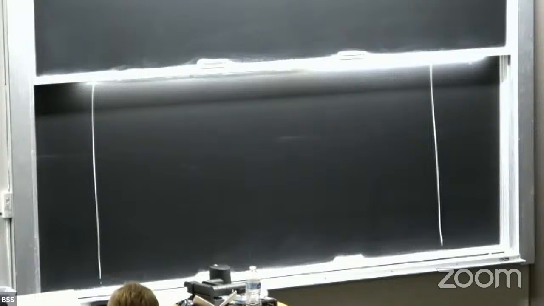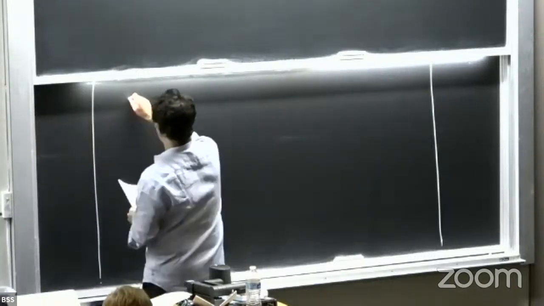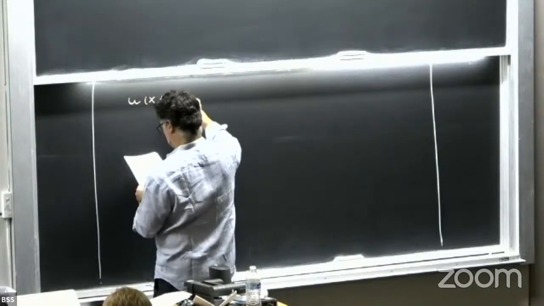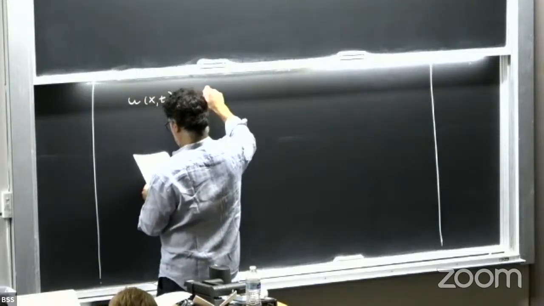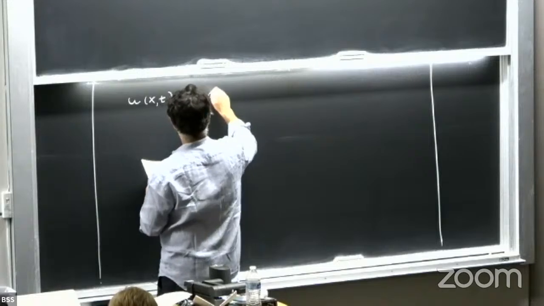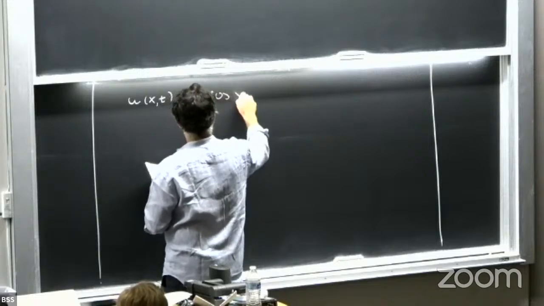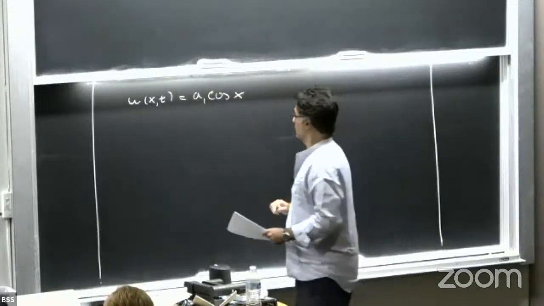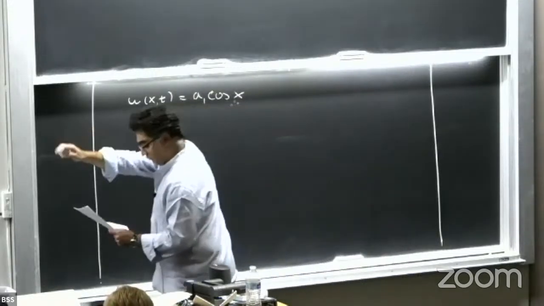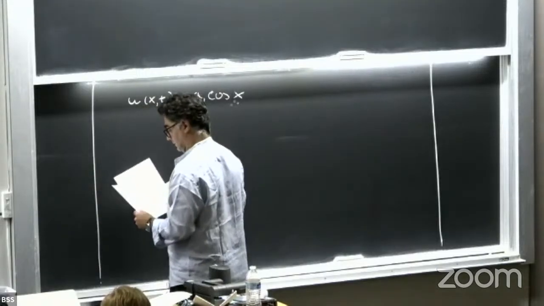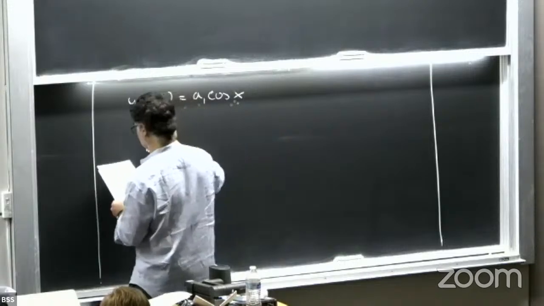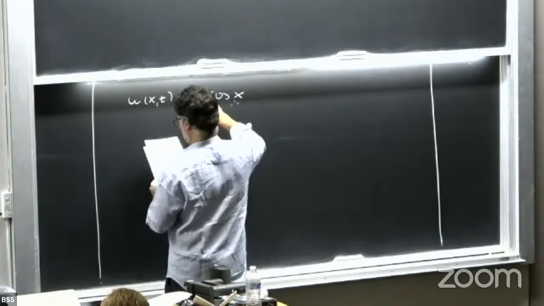Okay? And if you do this exercise, you don't have to work very hard to discover that a solution of the form a1 cos x fits perturbatively as long as this a1 is chosen as follows.